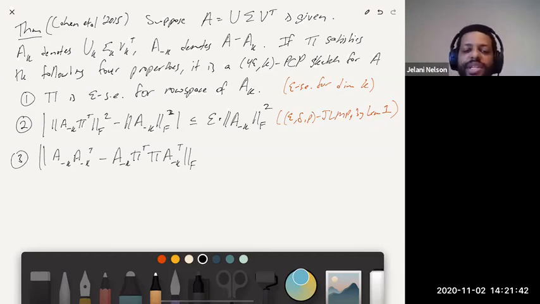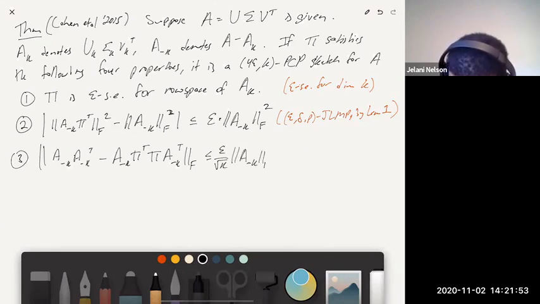You approximately multiply two matrices by first sketching them using Pi, and then asking what is your error. I want my error to be at most epsilon over root k times the Frobenius norm of A minus A_k squared. If you remember the connection between JL moment properties and approximate matrix multiplication, this basically means you need the epsilon over root k, delta, p JL moment property, by previous lectures.